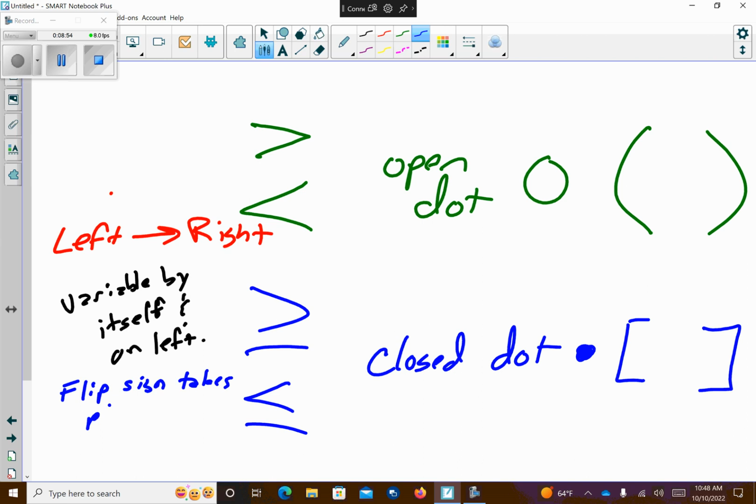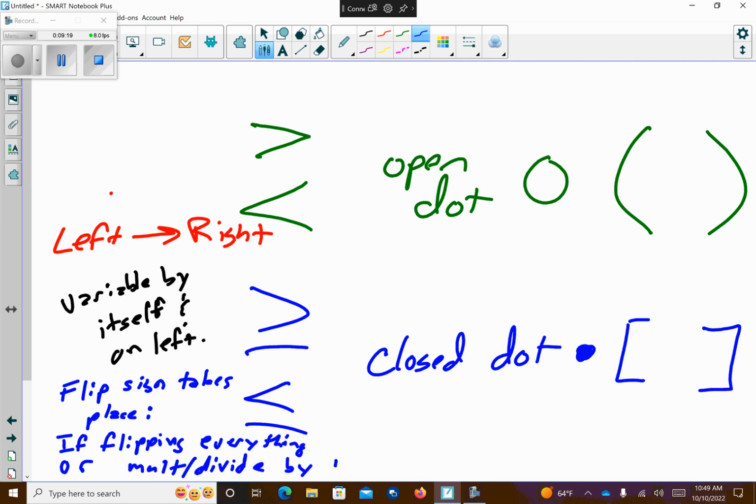So you flip the sign if your variable is not on the left side or by itself, and if you multiply or divide by a negative to get the letter alone. That's good notes. What else you got?